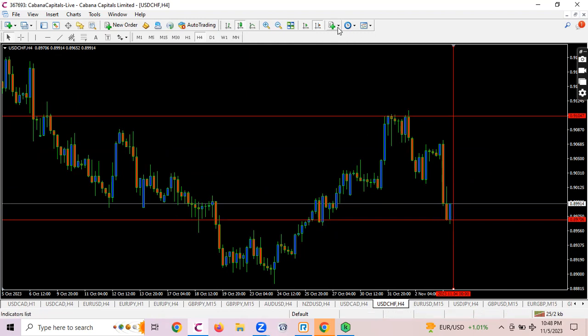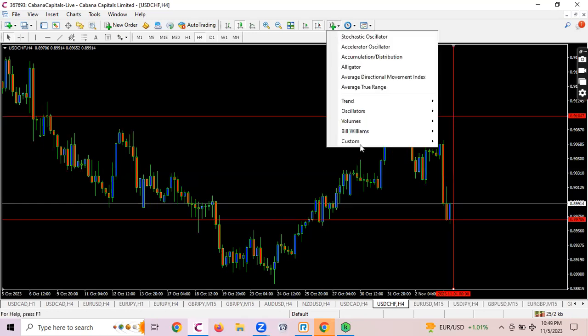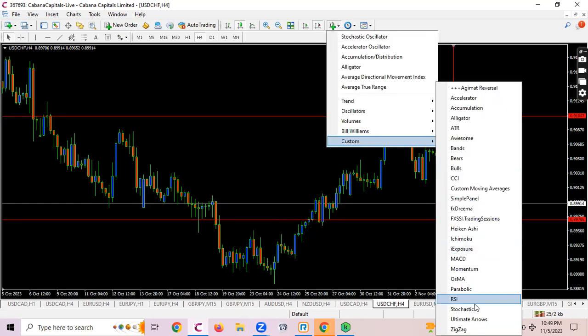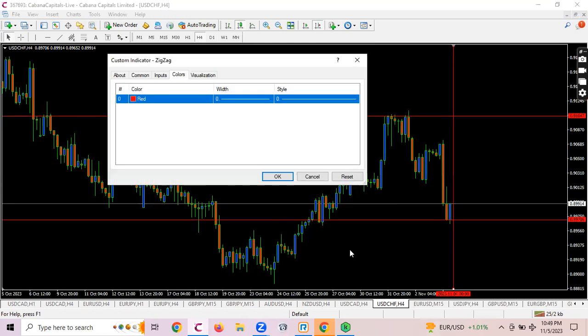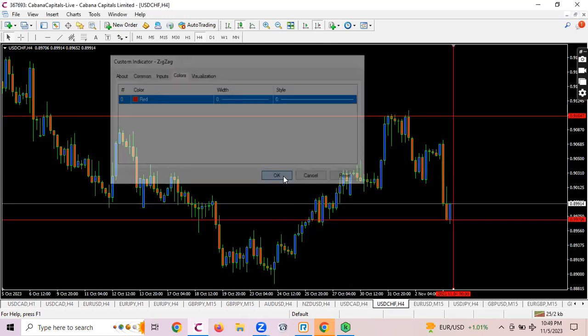But let me apply the zigzag indicator. If the zigzag appears below this candle, that is a confirmation that USD-CHF will be bullish this week. So let me just apply it. I know there should be a zigzag at that level.